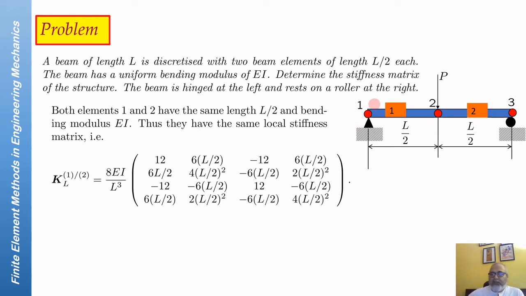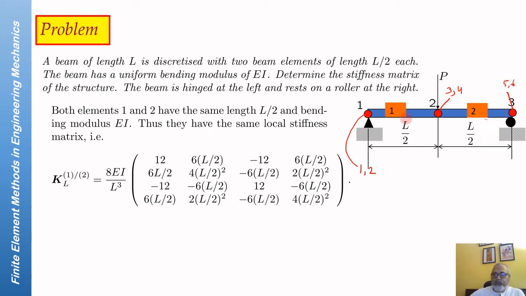Now I will have to assemble it to get the global stiffness matrix of this super element, which is composed of two local elements. To do that, I need the destination array. I know there are 2 degrees of freedom per node. So here the global degrees of freedom for node 1 are 1 and 2, for node 2 they are 3 and 4, and for node 3 they are 5 and 6.